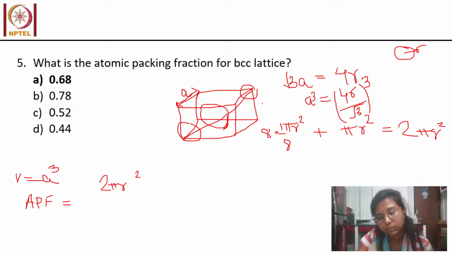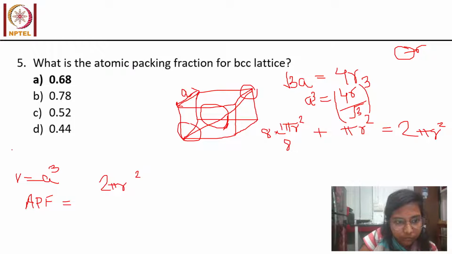Oh, I am so sorry, I made a mistake. So pi r square is the area, for the volume. So volume is a cube and V atom is 4 by 3 pi r cube, right?